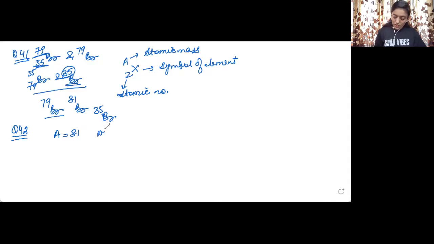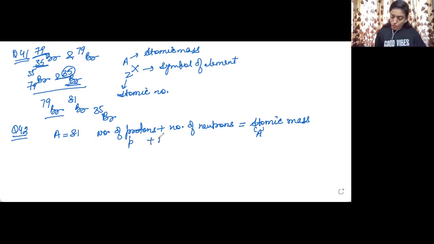First of all, number of protons plus number of neutrons is equal to the atomic mass, that is A. If the number of protons is P and the number of neutrons is small n, then P plus n is equal to 81.